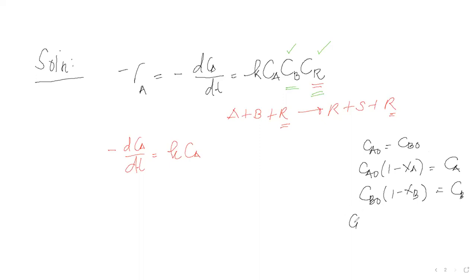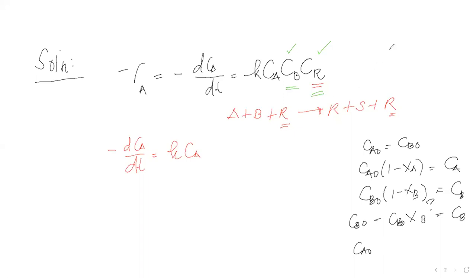We can have CBO minus CBO XB. It's still CB. Then, what about this? Isn't this CAO also? The CBO that I wrote here is also CAO. What about CBO XB in relation to CAO XA?